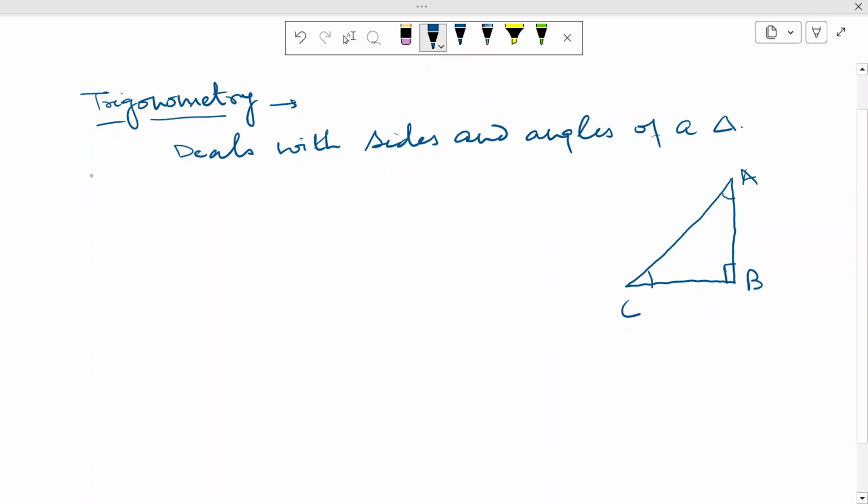So, we will discuss the trigonometric ratios of acute angles.